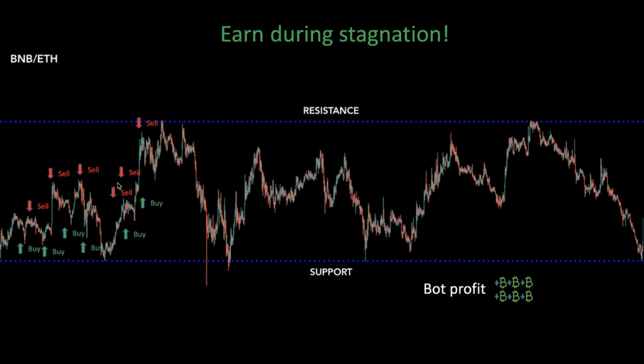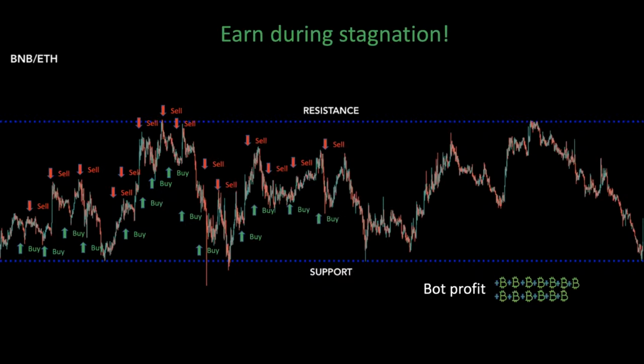It's neither going upwards nor going downwards, so it always stays somewhere in between. All right, so use this market formation to let the bot accumulate profits for you. Don't blindly hodl BNB. Let the BNB earn profits for you in Ethereum.